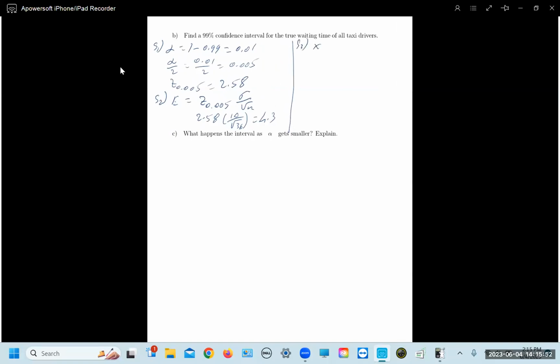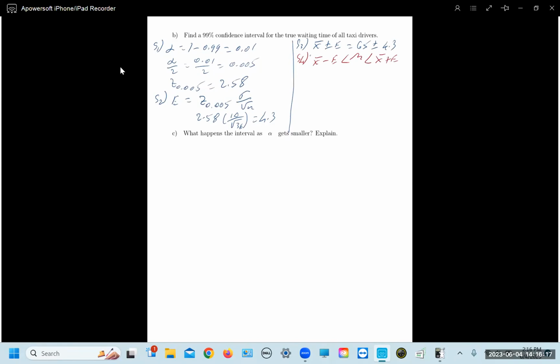So x bar plus e, so we got 65 plus and minus 4.3. And step 4: x bar minus e, mu, and x bar plus e.